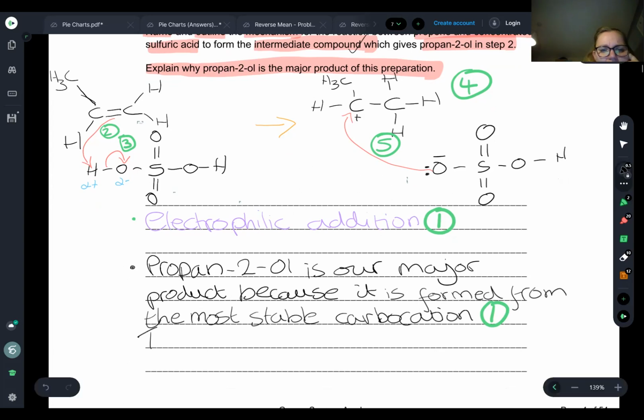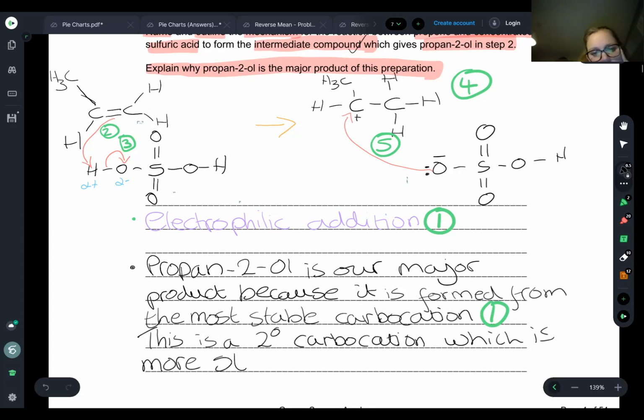This is a secondary carbocation, so I'm just going to put 2 and a degree sign because that's for secondary. So this is a secondary carbocation, which is more stable than a primary carbocation.